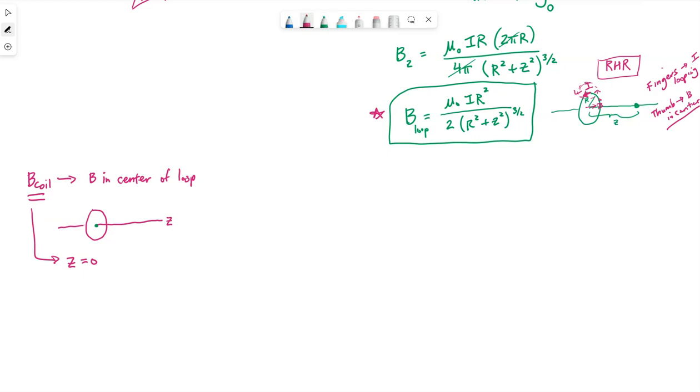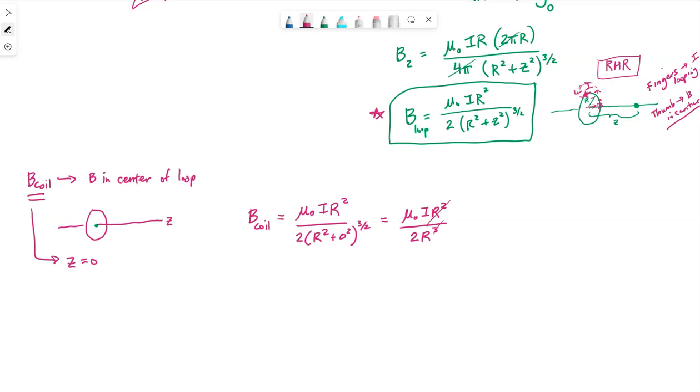So in this equation, if Z is 0, this now is called B of a coil. So we have mu naught I r squared over 2 times r squared plus 0, so we get mu naught I r squared over 2r cubed.